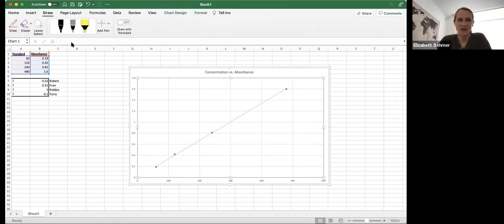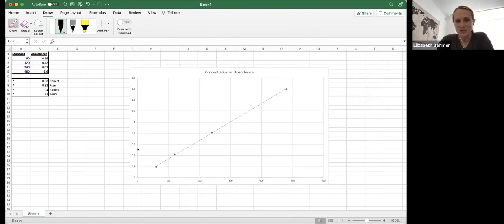Let's see if I can draw in just a point. Let's say this is where Robert's sample is, where my black dot is. Then we draw a horizontal line over to the graph line of best fit, and then draw down. This amount of concentration should be Robert's sample. So I'm just going to write an X right there.